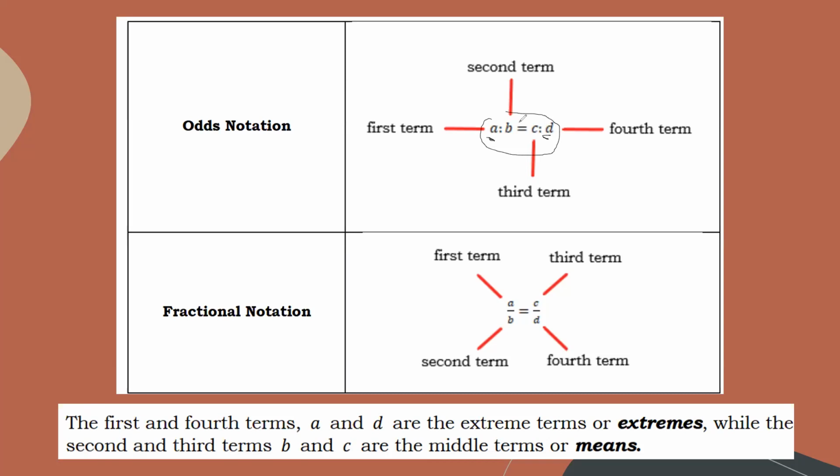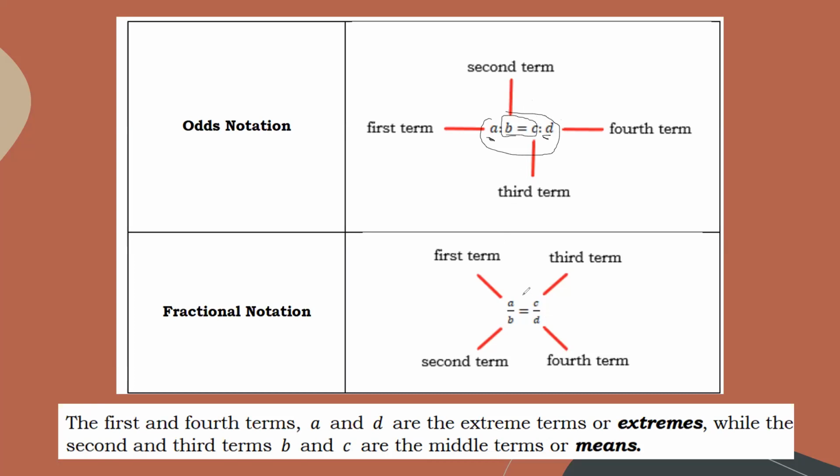Okay po? A and D are extremes while B and C ay nasa loob, pareho nasa loob sila. So ang tawag naman po natin dyan ay means. Okay po? A and D are our extremes and B and C are our means.